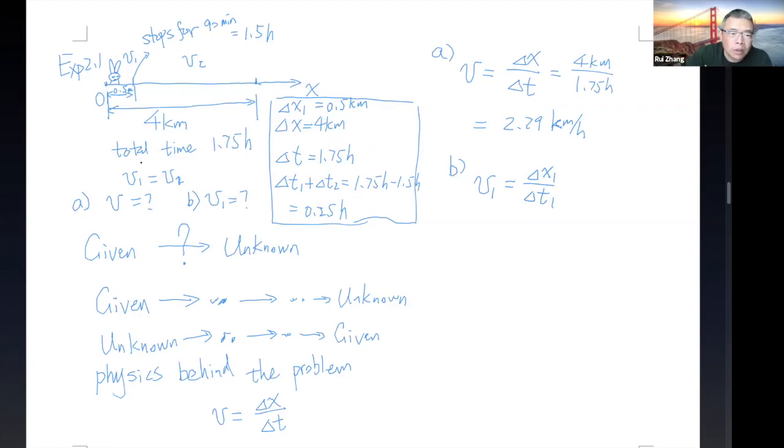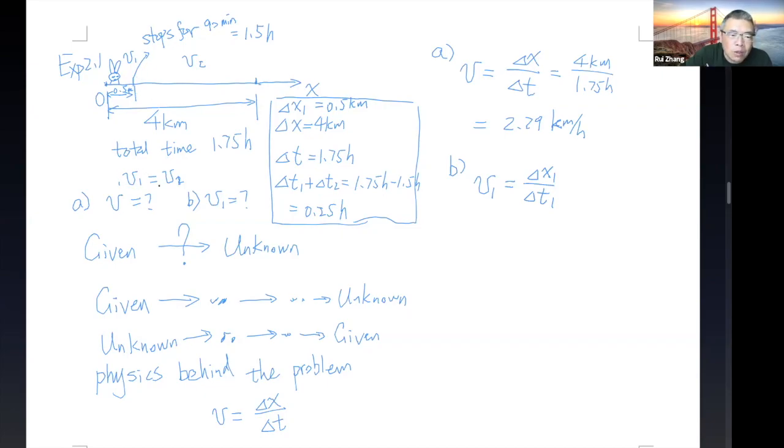There's another thing here. We know the total moving time, which is this one here. We also know the total displacement of this motion. So from there we can calculate the average velocity of this motion without counting the stopping time.